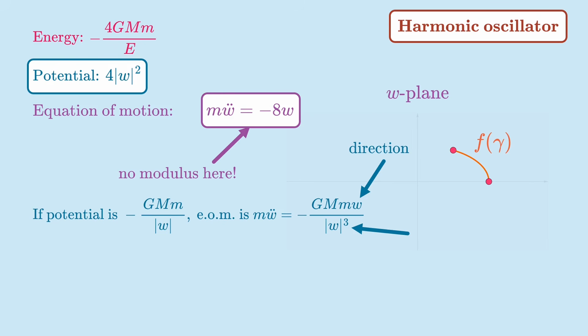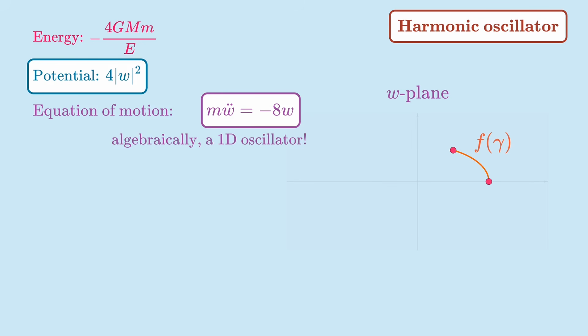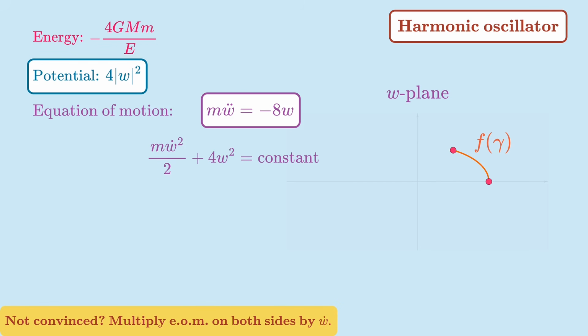The absence of modulus in the equation means that purely algebraically, this equation is the same as that of a 1D harmonic oscillator. Therefore, with the same algebra, this quantity, which would have been the energy for the 1D oscillator, is conserved.